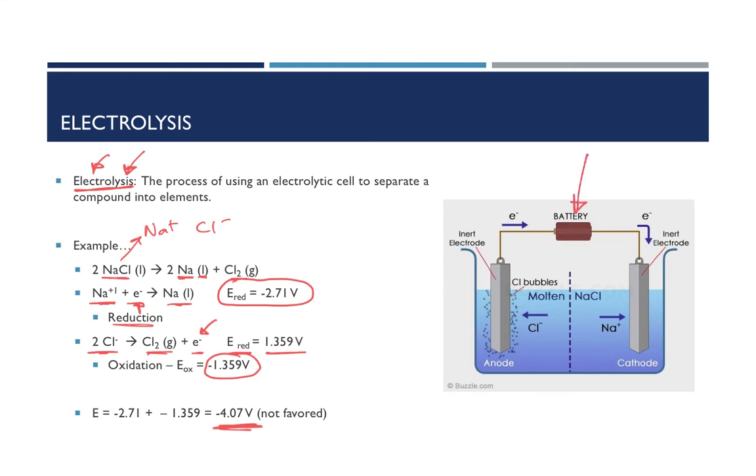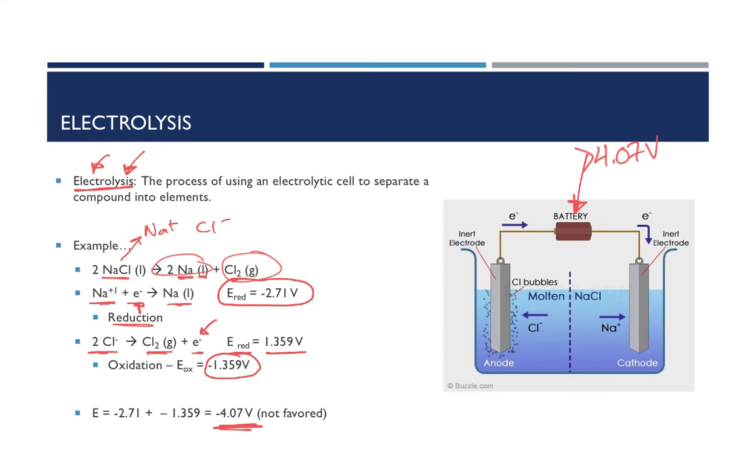We need to supply it with a battery or a power source that is bigger than that E cell. As long as my battery is providing more than 4.07 volts, the reaction will continue to go, and our electrolytic cell will produce chlorine gas and sodium metal.